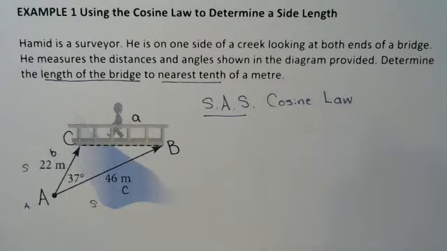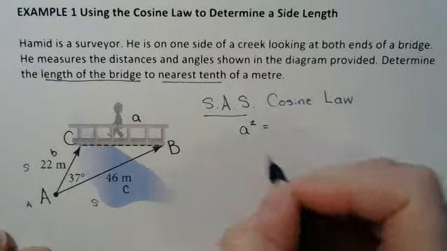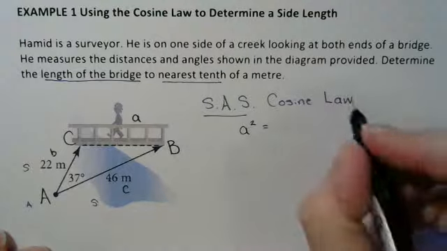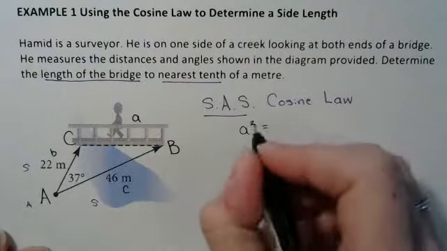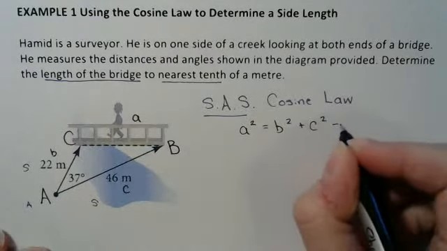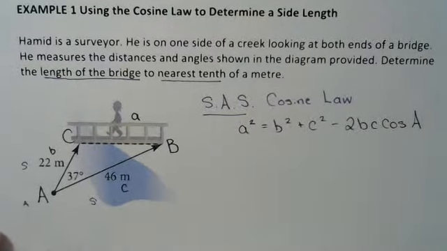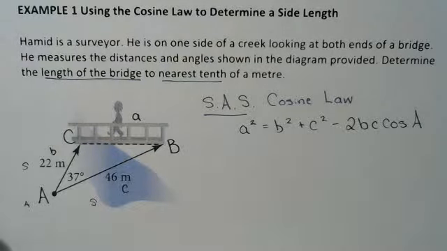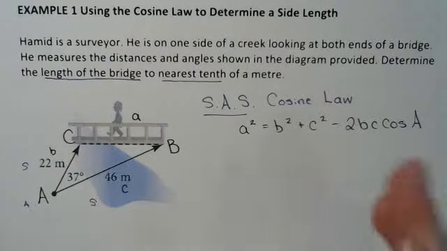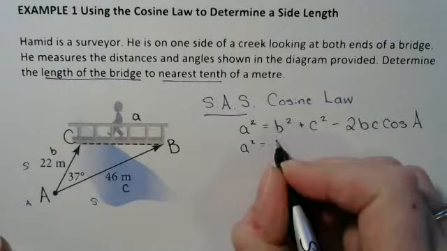We have to remember the formula, and that's going to be step 1. How do we use that formula? So we know we're looking for little a. So little a squared is going to be out here all by itself. So we're going to have b squared plus c squared minus 2bc cosine of A. So now it's just a matter of substituting our values into the formula and solving for our unknown, which in this case is a.